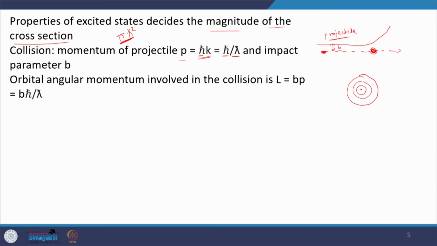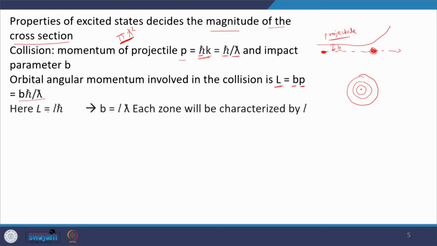And in this collision, if orbital angular momentum is involved, then the product of the impact parameter and the momentum gives you the orbital angular momentum value. So, that is equal to b h bar by lambda bar. Now, in this particular case, the orbital angular momentum also can be expressed in terms of the orbital angular momentum quantum number. So, in the collision between projectile and target, the orbital angular momentum is involved.